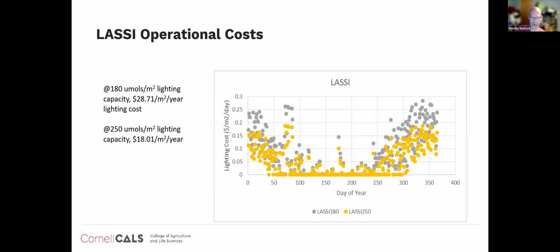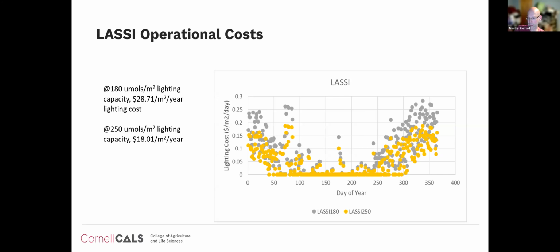And I've also shown lighting at two different supplemental lighting levels. So the 180 micromole lighting level, the gray dots, is a level that was decided on for the lettuce greenhouse for Ithaca, and that was to be able to hit the 17 mole target most of the days of the year. They would have 180 micromoles.